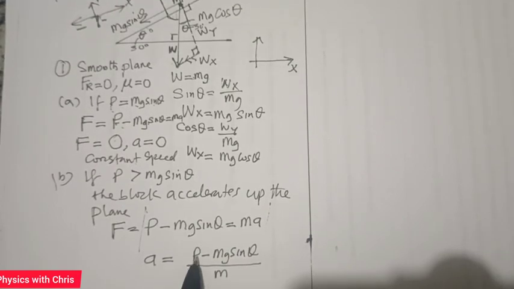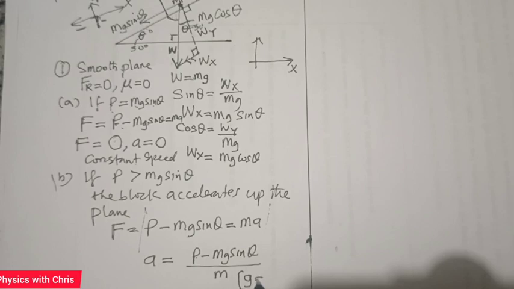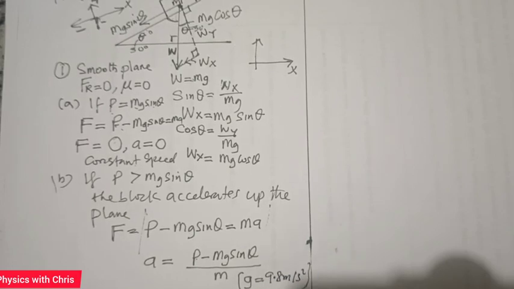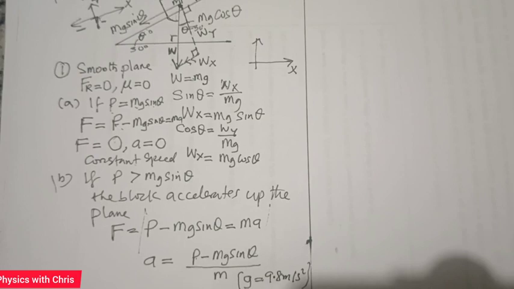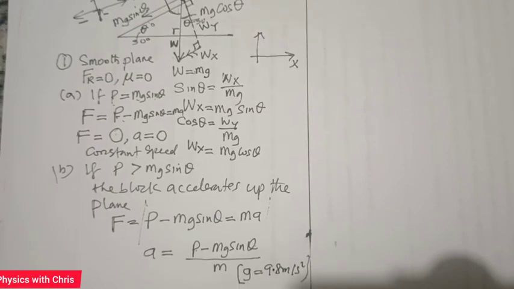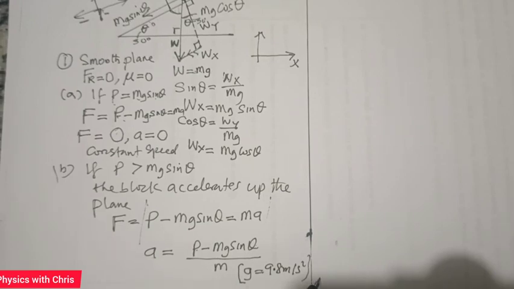Suppose force P is known, the mass of the body is known, and you are asked to take the value of acceleration due to gravity as 9.8 meters per second squared. And let's say theta is known, maybe it's 30 degrees or so. From this, you can calculate the acceleration of the block up the plane.